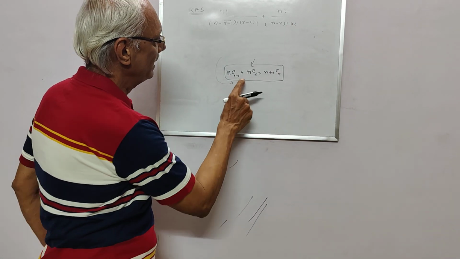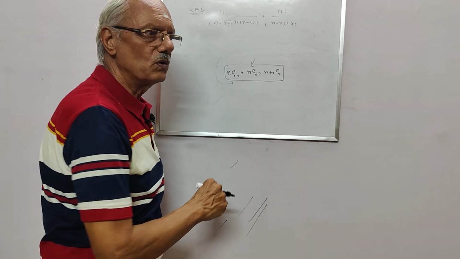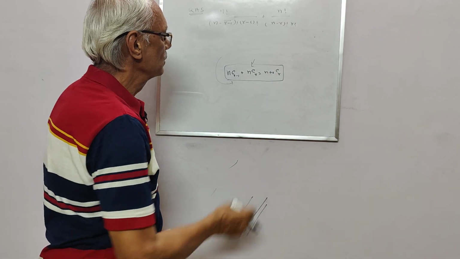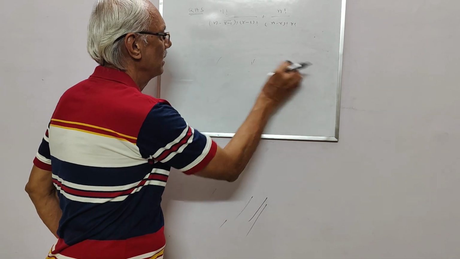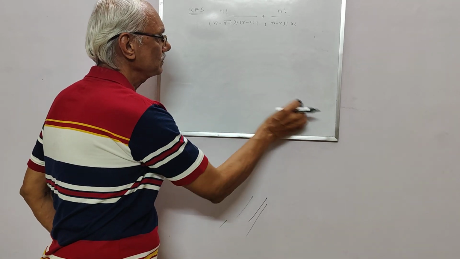So this is the right hand side. I will prove that it is equal to n plus 1 Cr. So this is my RHS.